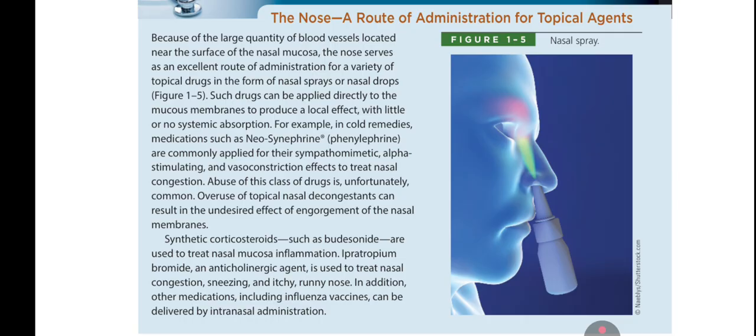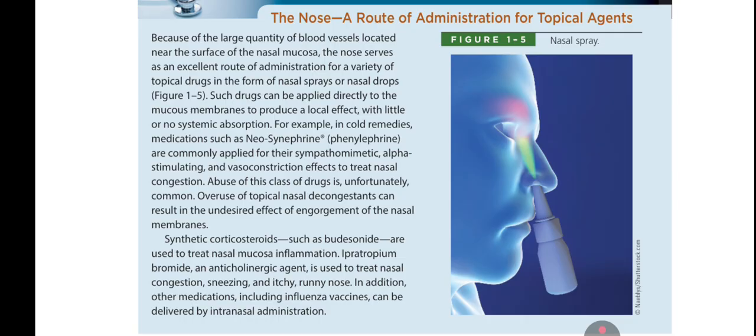So, such as nasal sprays, when you put in the medications, our blood vessels are present inside our nose because I suppose that the blood vessels are situated near the parts of our nose, and if you put it there, it will produce a local effect.